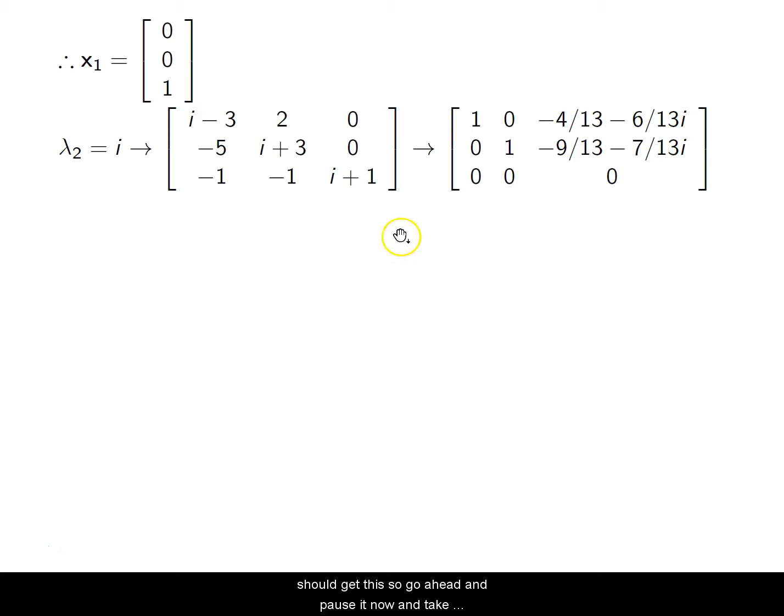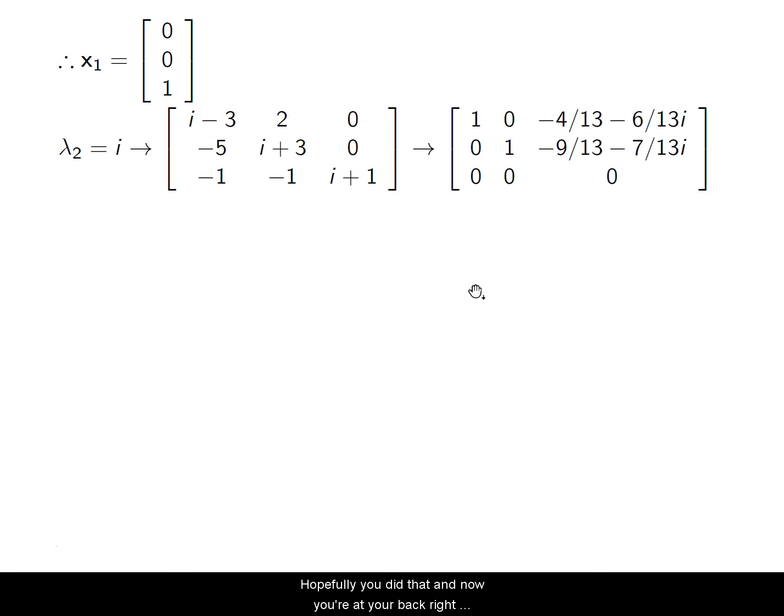So go ahead and pause it now and take some time to do this on the side, and you have the answer for what it is. Just use this as practice to get into the correct form. So pause it, do some work, reduce this by hand and see if you can get to here, because this is the right answer.